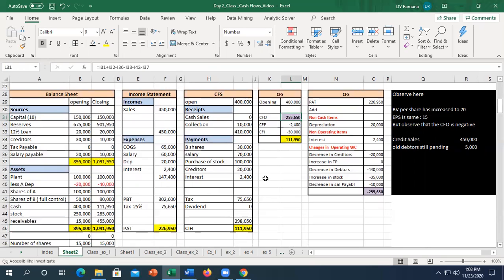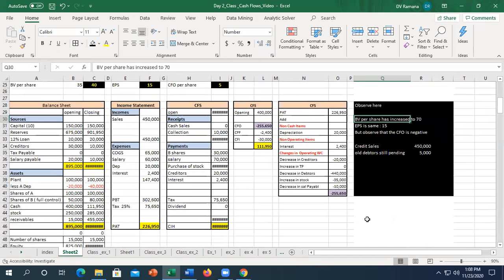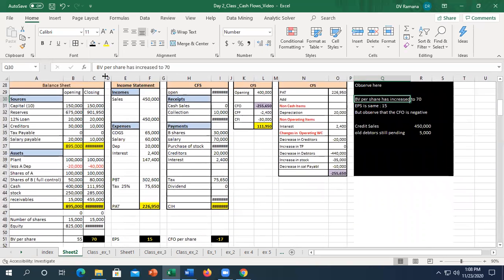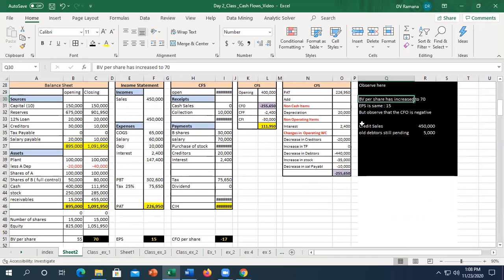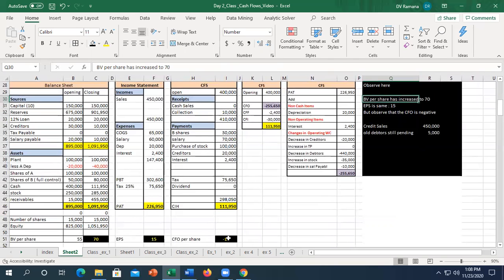So let us have the questions first. The book value has increased from 55 to 70. That sounds good. However, the cash flow from operation is negative. So why is the cash flow from operations negative when there is a huge amount of profit? As we saw in the previous case, the CFO is negative significantly because of the increase in the debtors.